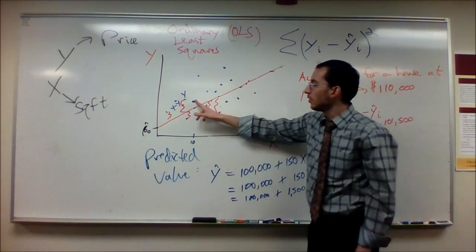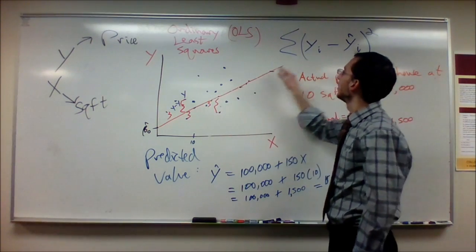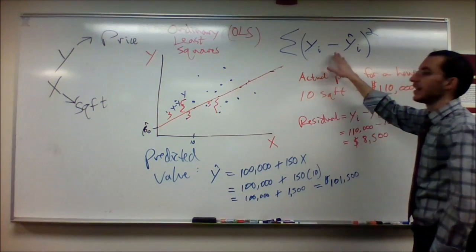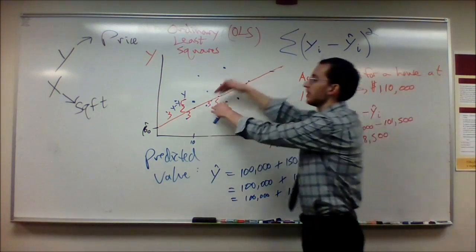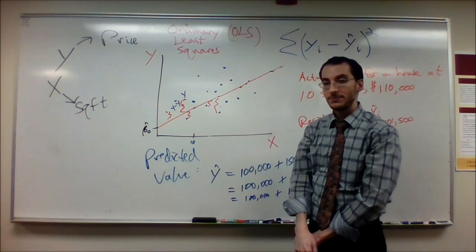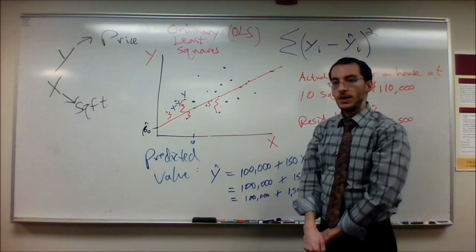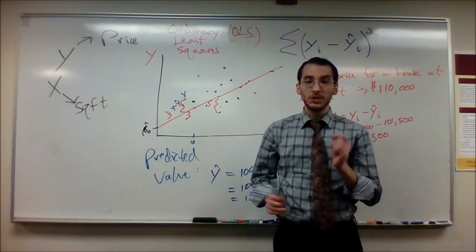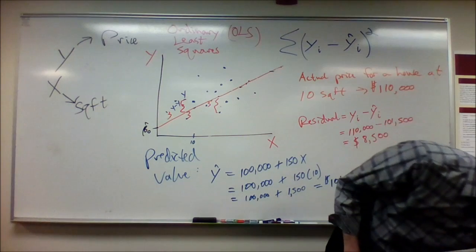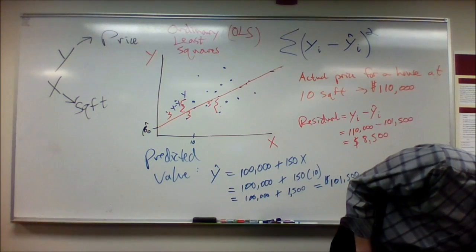I get a residual for each one of my observations. I can square it, I can add it up, and that is the thing I want to make as small as possible. There's two other big points to make before we talk about assumptions, and then that should be it for this.